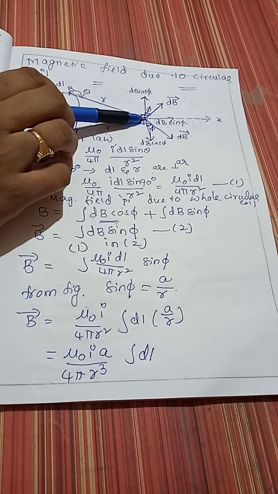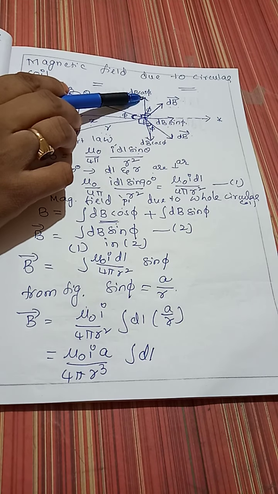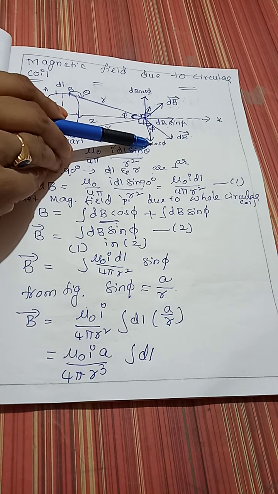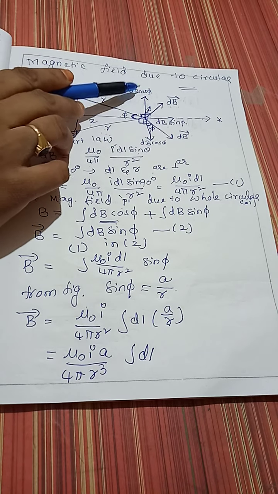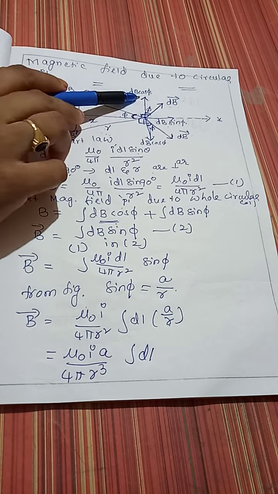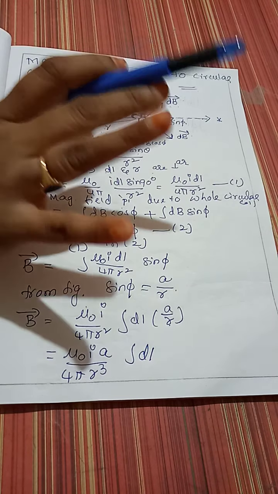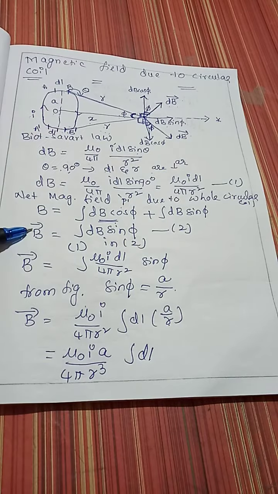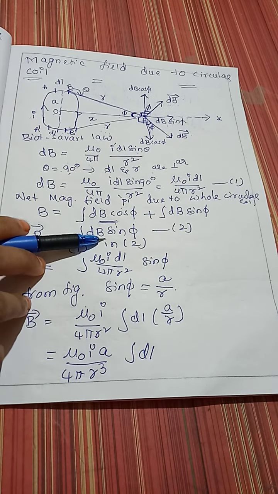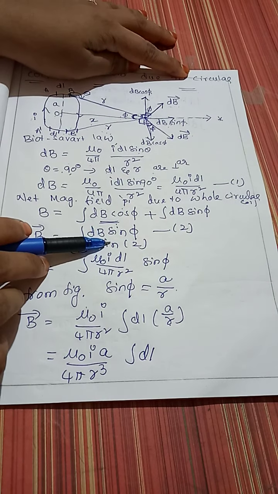The perpendicular components are in opposite directions, one upwards and the other opposite, and as they have the same magnitude, they cancel. So the net magnetic field is only due to the parallel components, integral dB sin phi.